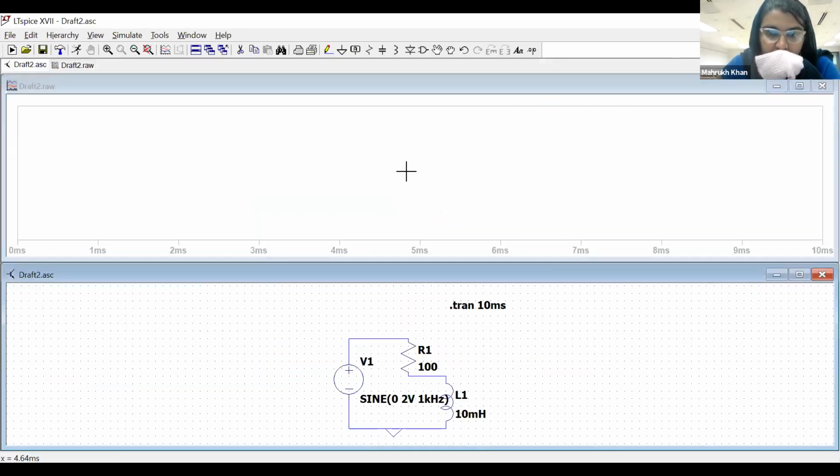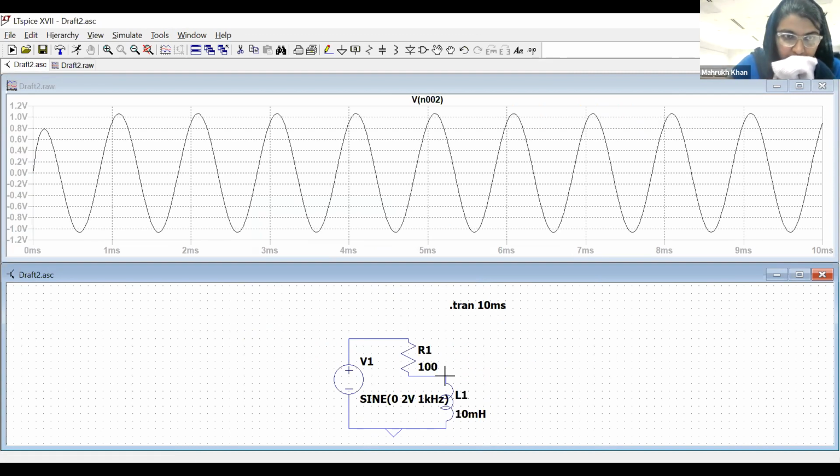Okay, so I have to see voltage across inductor. Okay, so the voltage across inductor is 1 volt peak to peak. It's not 2 volt peak to peak.